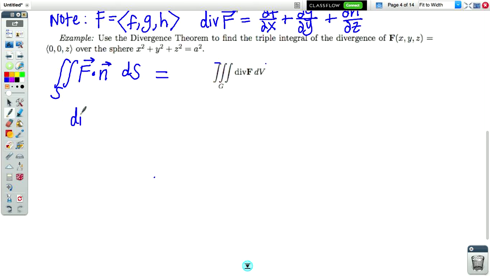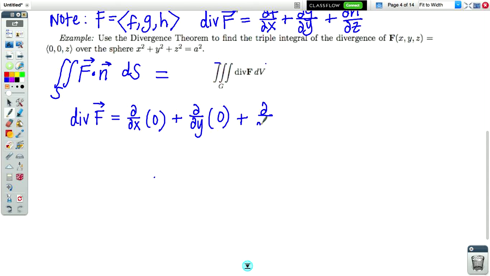So let's start by finding the divergence of F. That's going to be the partial with respect to x of our first component, which is just 0, plus the partial with respect to y of our second component, which is also 0, plus the partial with respect to z of our third component, which is z.